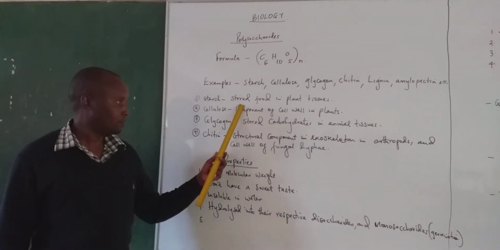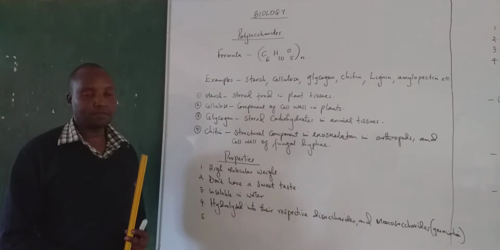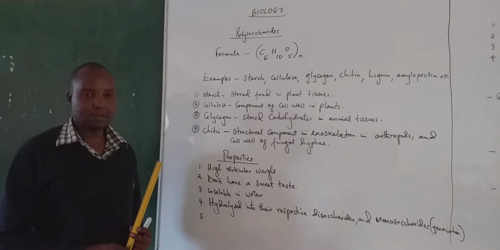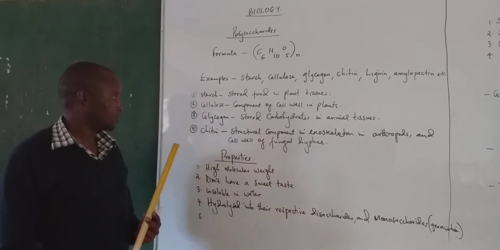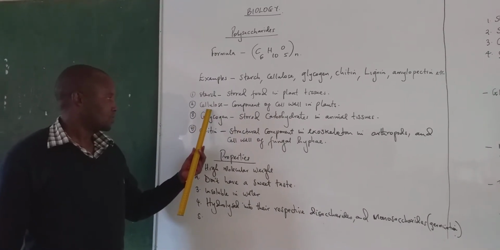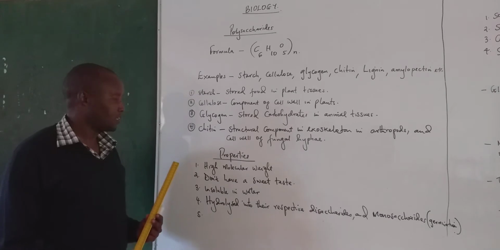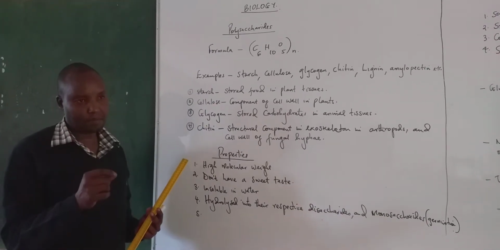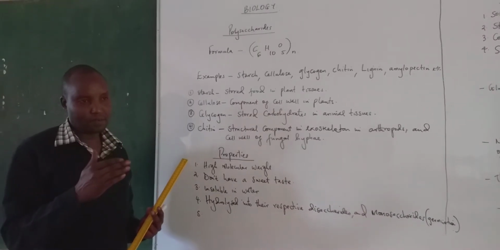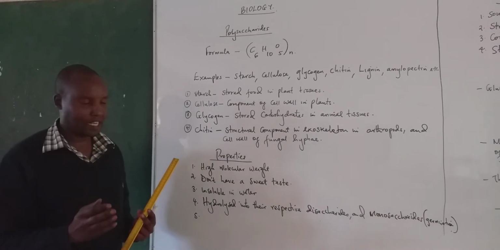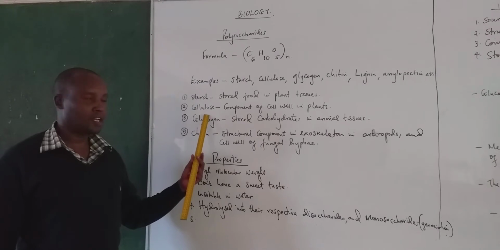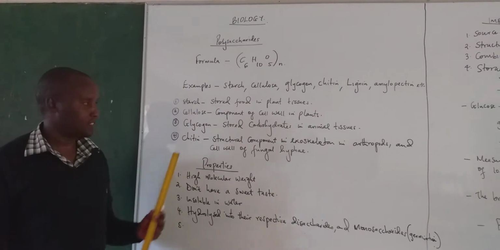It is found in seeds and in roots in the form of starch molecules. Cellulose is a component of the cell wall in plants. If you look at plant cells, inside we have the cell membrane, and outside we have the cell wall.